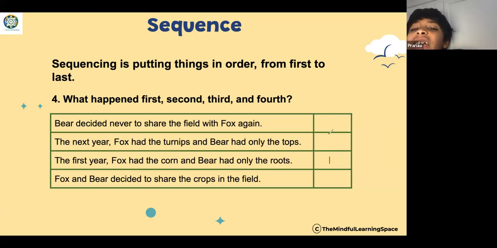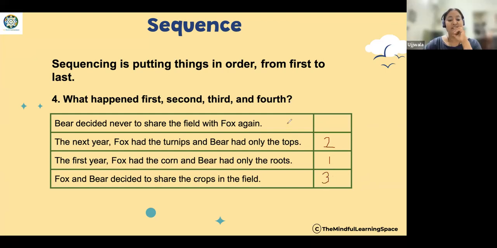That's second. So, the next year Fox had turnips and Bear had only tops. This is number 2. Yeah, number 3 is Fox and Bear decided to share the crops in the field. Okay.